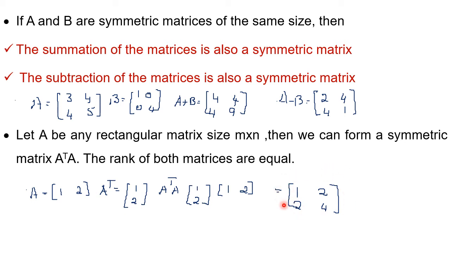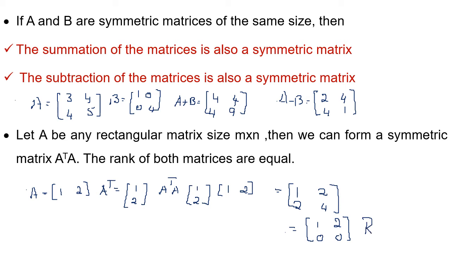And if you see here the rank of this matrix, you can reduce this to echelon form. This can be further reduced. So I will keep the first row as it is. I will multiply the first row by 2, and subtract it from the second row, I get 0, 0.